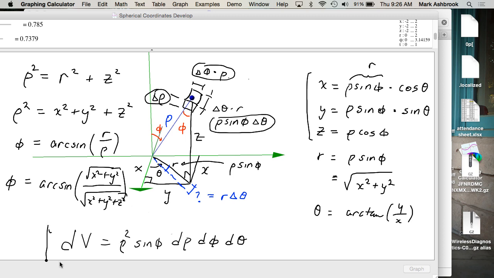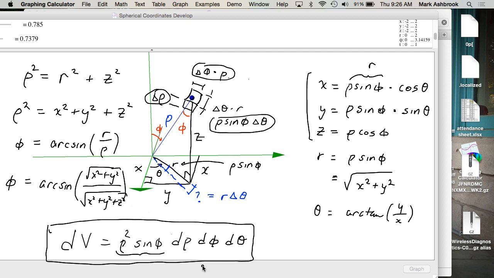When we do spherical coordinates, our little dv is going to be this, and just like before, the rho squared sine phi latches on to the function and becomes part of what you find the antiderivative of, similar to the r we had with dr d theta.